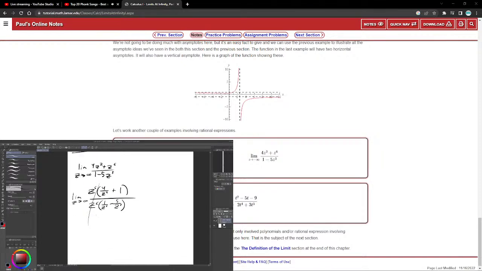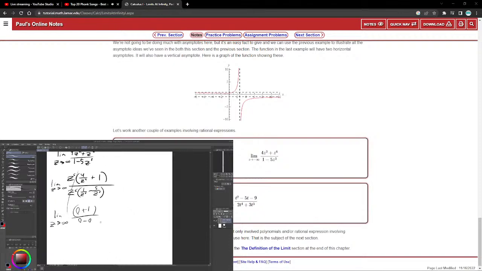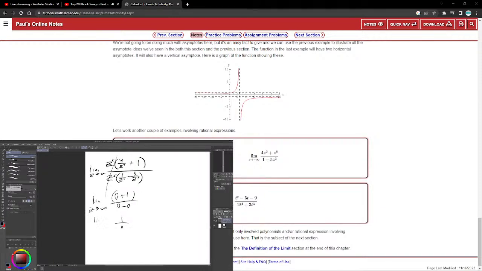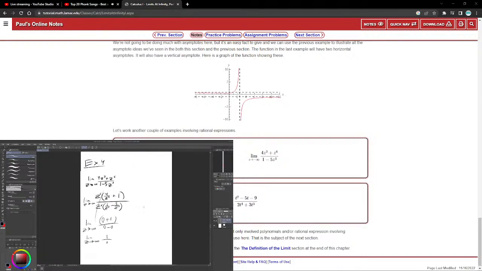Okay, these cancel out. Oh, this goes to 0. Get 1 over 0. So it's an asymptote. You can't cancel out.